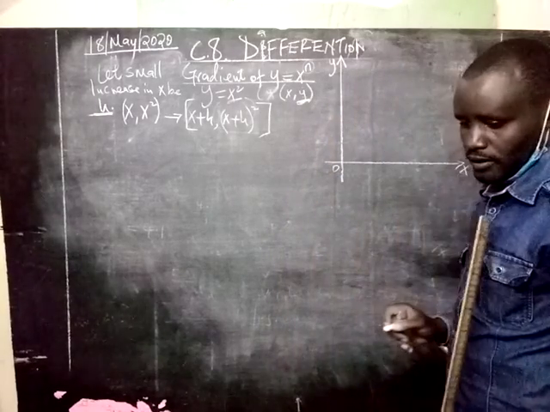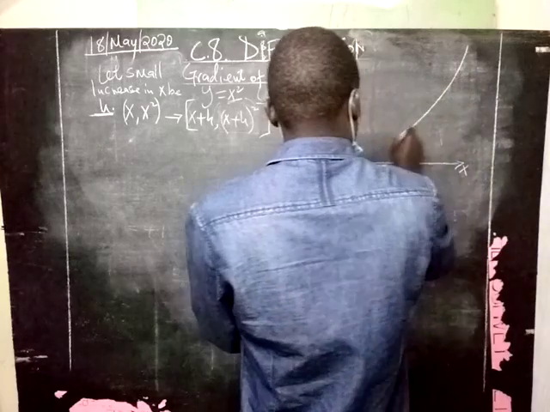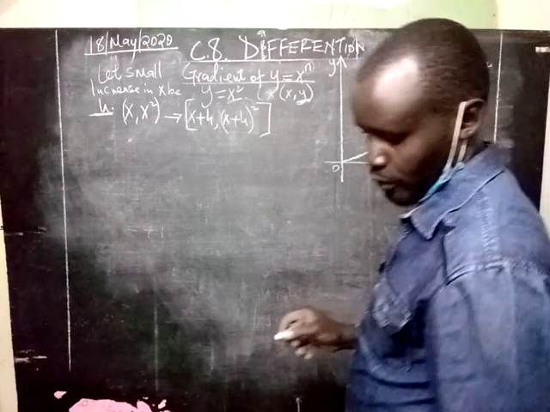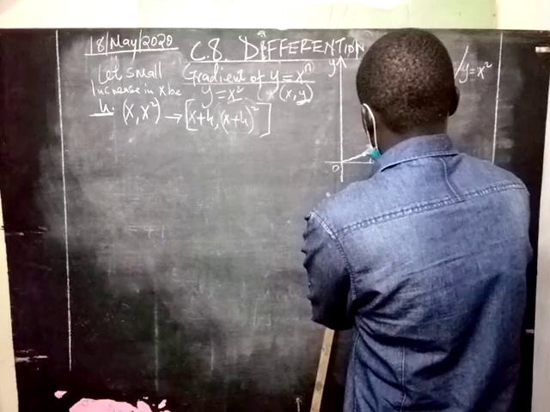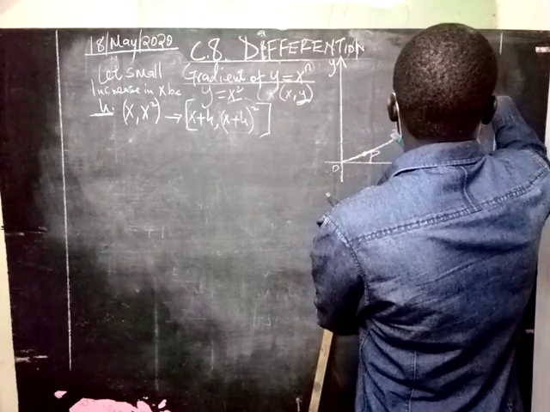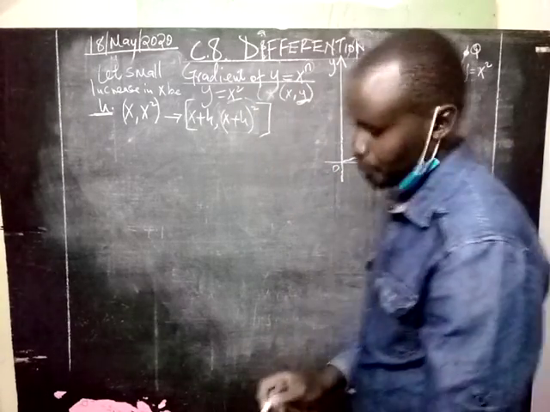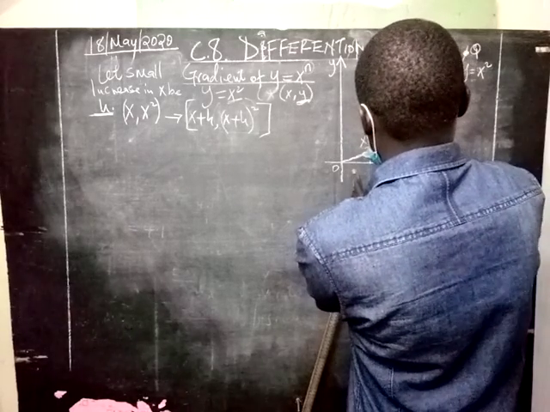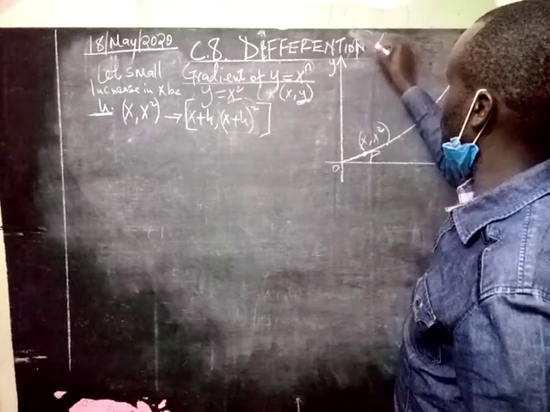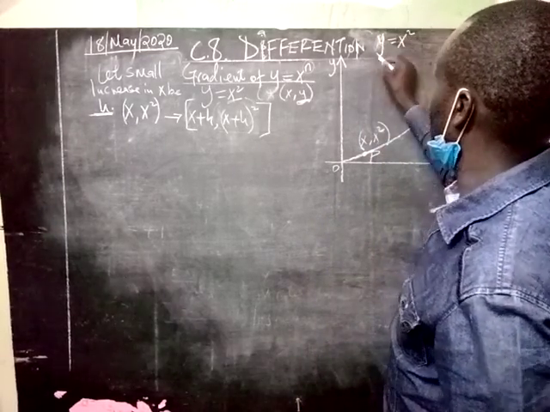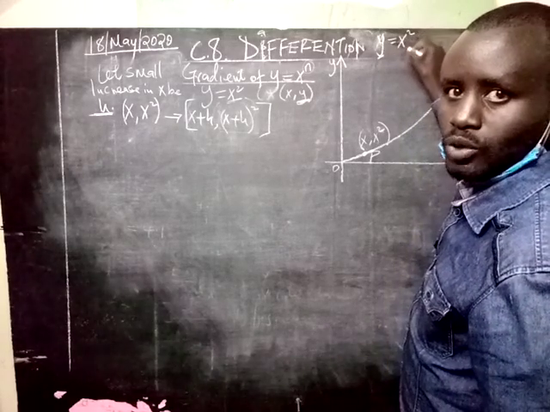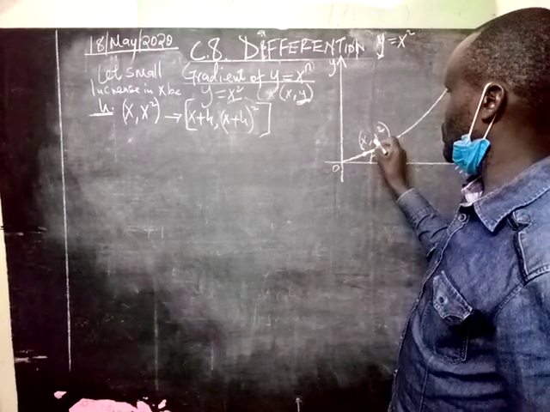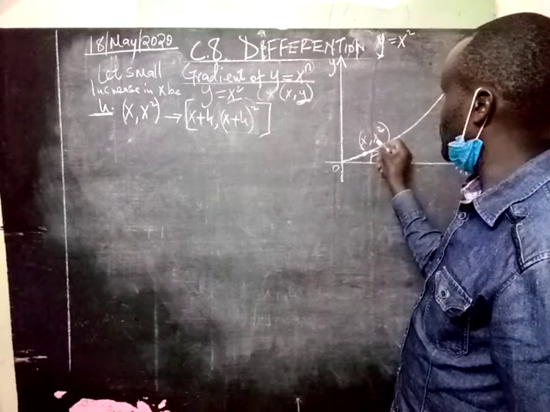This is our origin, so that we have our curve. This one is y equals to x squared, and we have 2 points. This is our point P, and this is our point Q. And we know that our P is going to be (x, x squared). This is the same as y. Remember that we say y equals to x raised to 2. So we replaced y with x squared. That is why our coordinate is x to x squared, which takes the position of y.